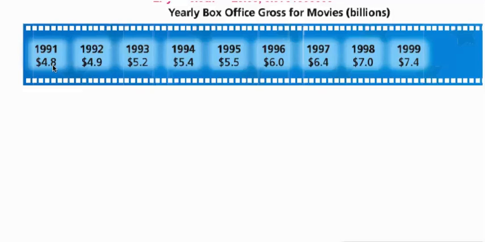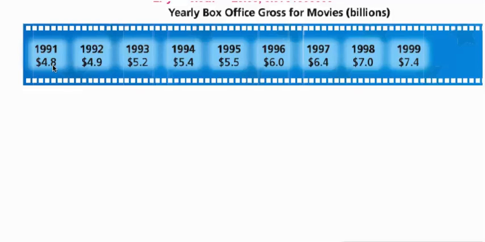So when you get your ticket to go to the movies, all the movie theaters in the United States took in $4.8 billion for movies in 1991. And you can see as we get through 1999, the dollar value increased.